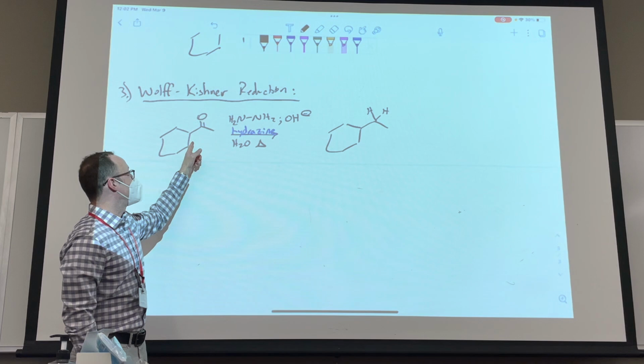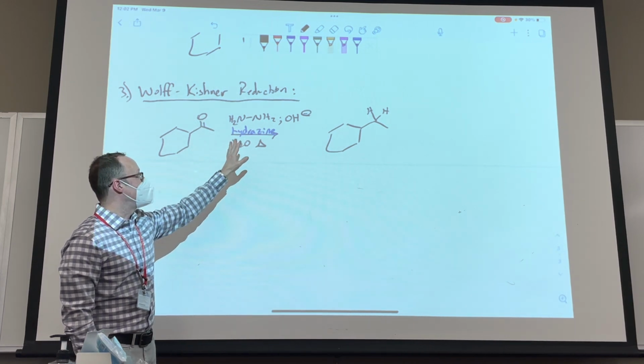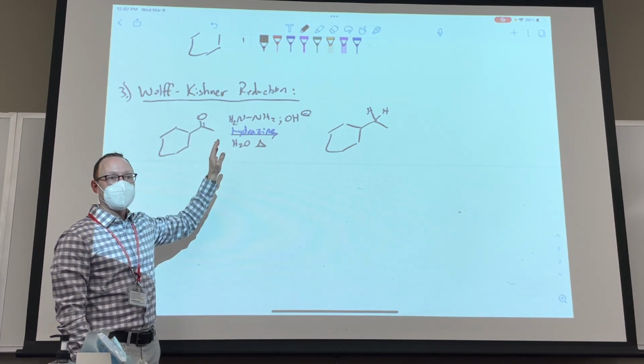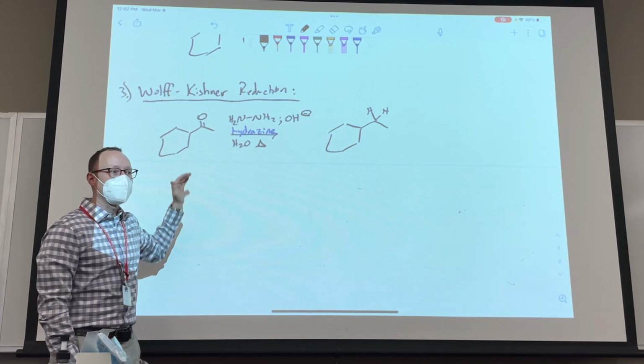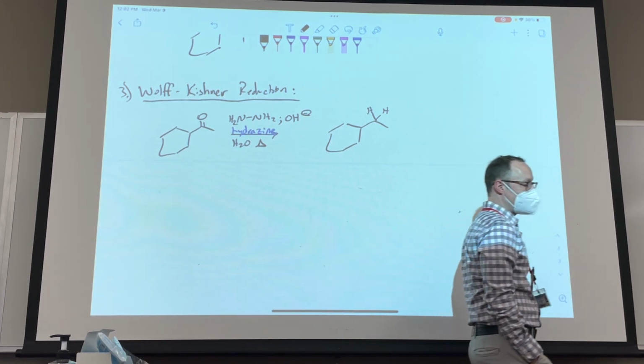So what kind of functionality would we get if we have this kind of primary-like amine attacking the carbonyl? What kind of functional group would we expect?